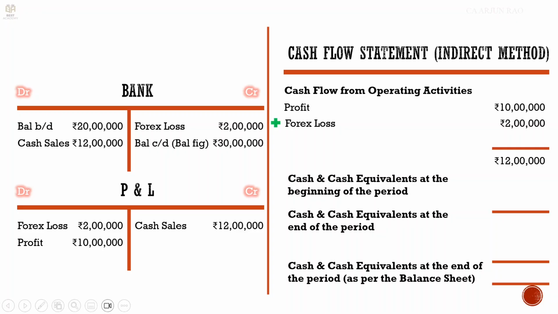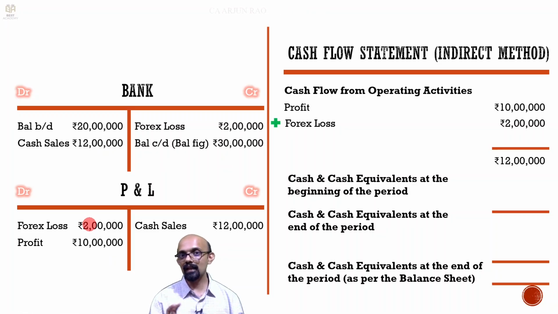So, the point is, in indirect method, our object is not just to tally the cash flow statement. Our object is to get this net cash from operating activities indirectly. Ultimately, we want 12 lakhs here in the cash flow statement. How to get this 12 lakhs indirectly? When we start from 10 lakhs, we need to add back this 2 lakhs, right?